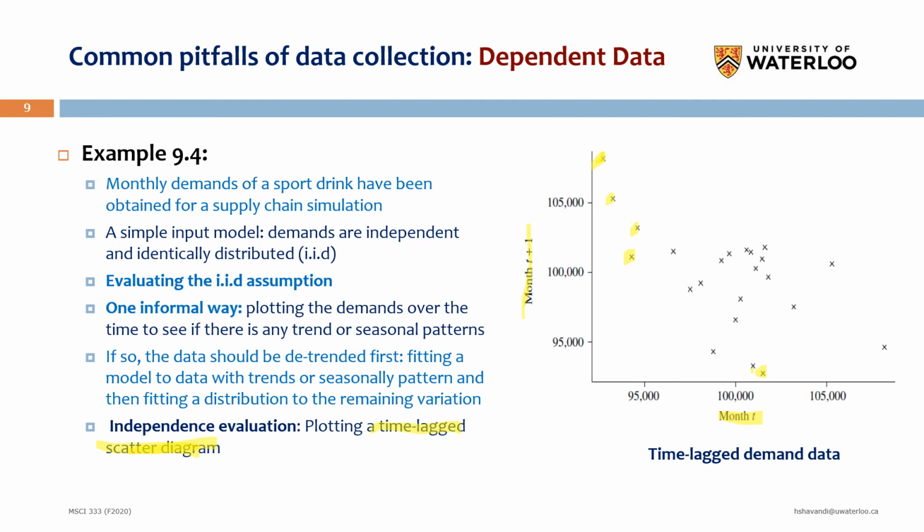So for sure there is a dependency between the demand of month T and month T plus 1. That's another way to observe if there is any dependency in the data. For time-related data, we can try different lags: a month, a season, a quarter, or year, and so on.